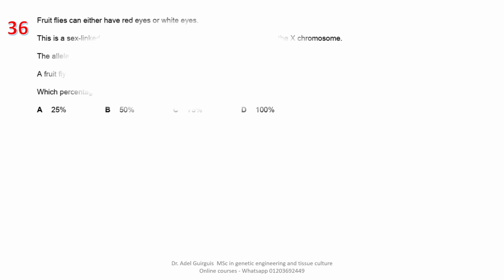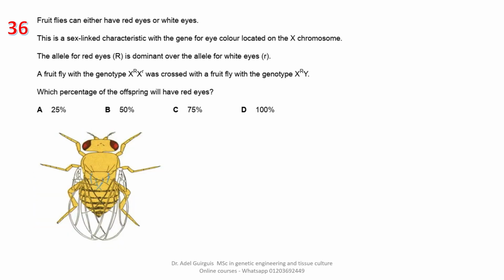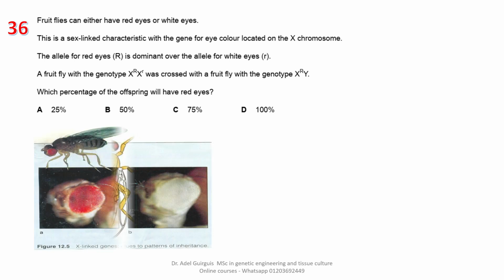Number 36. Fruit flies can either have red eyes or white eyes. This is a sex-linked trait, with the gene for eye color located on the X chromosome. The genes or alleles are found on the X chromosome.